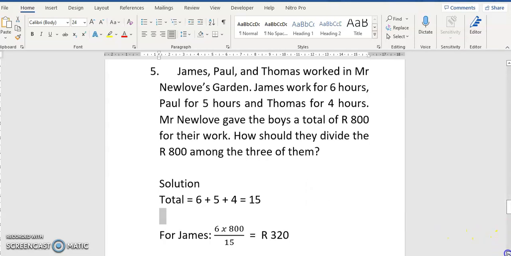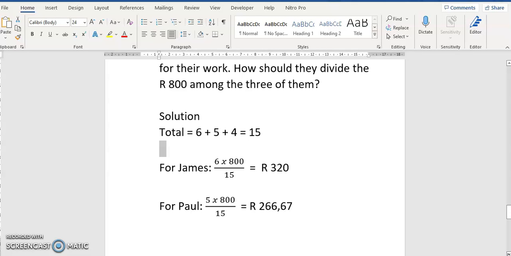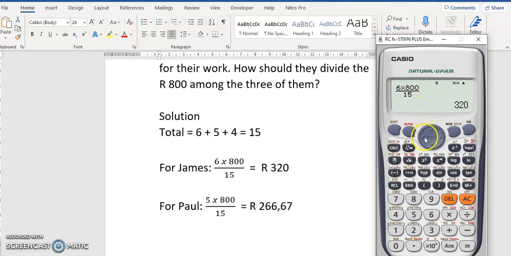Then the next one, for Paul, how much is Paul going to have? You do the same thing. Let's press that. So here I'm going to change the 6 to 5. And this is going to give me 266.67. Alright, this number is more than 4, so you add 1 to this. We are rounding up.